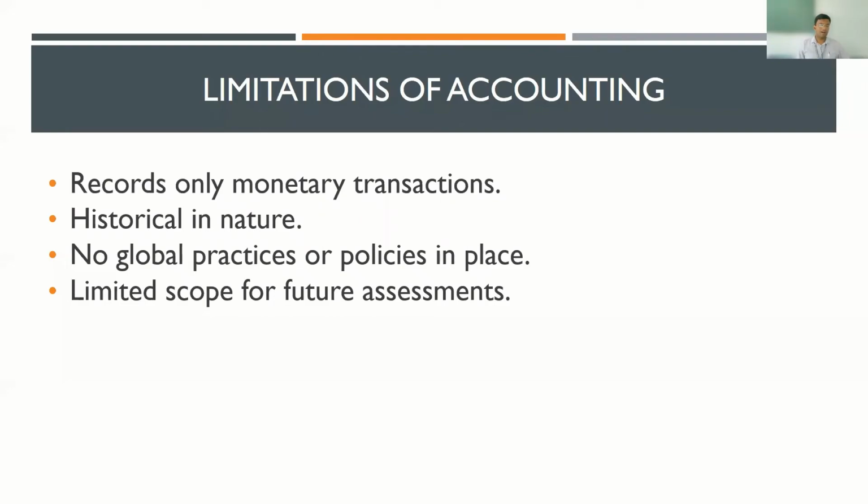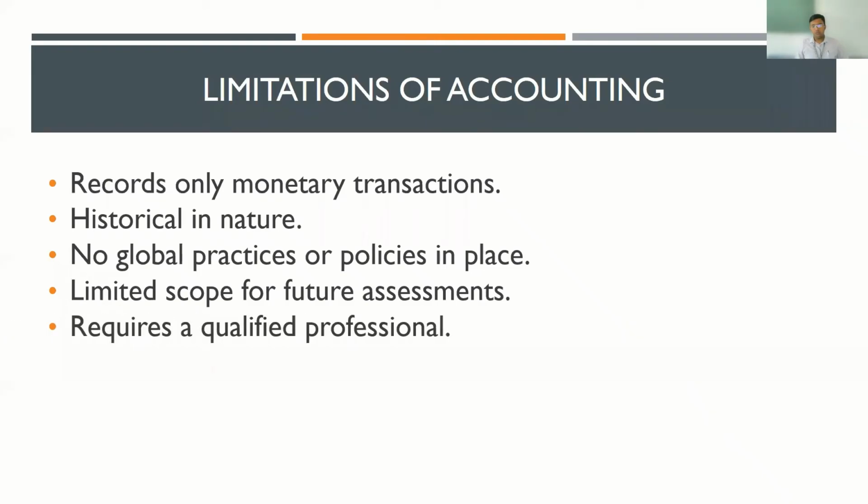Will you be scoring good marks? Will you be scoring average marks? Because there is a scope for future prediction. But in accounts, it is not like that. Irrespective of how much past information you analyze, it will be very difficult to make a prediction for the future. So that's a major limitation.